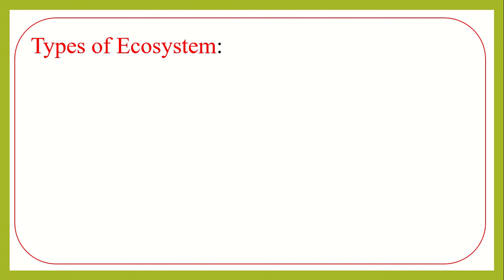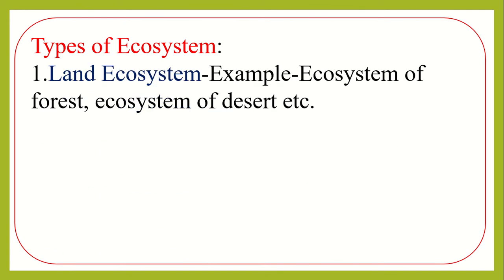Types of ecosystem. Land ecosystem. Example, ecosystem of forest, ecosystem of desert, etc. The forest of Bangladesh is divided into two main regions. Number one, the forest of Sylhet and Chittagong hill tracts.